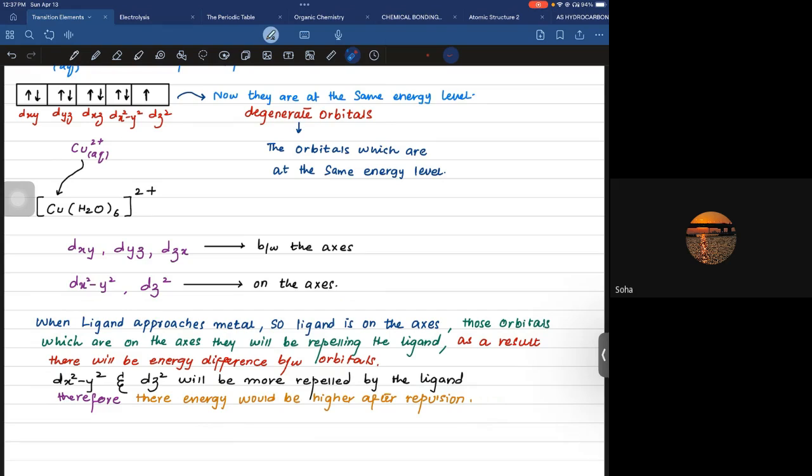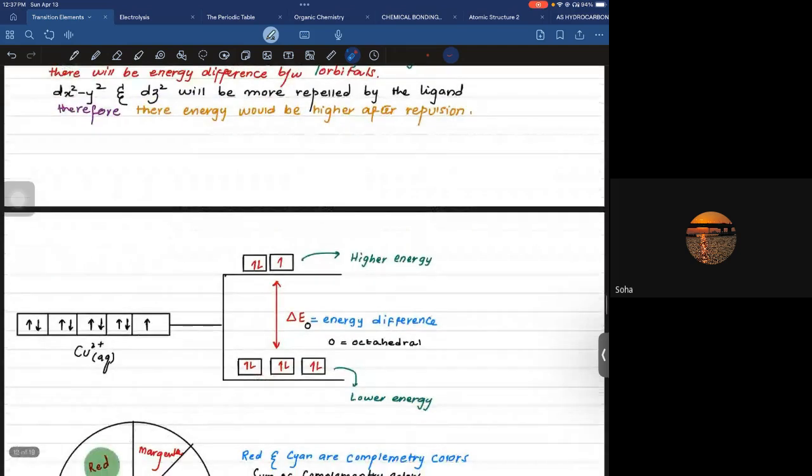Before the reaction, all the orbitals were at the same energy level, but when ligands approached the metal, the two orbitals would have higher energy and the three orbitals would have lower energy. So I can write in this manner.